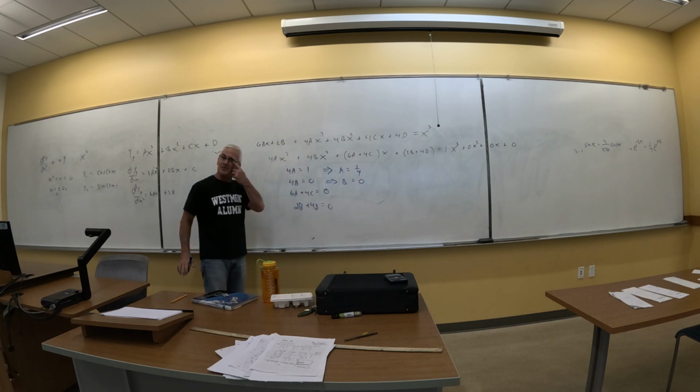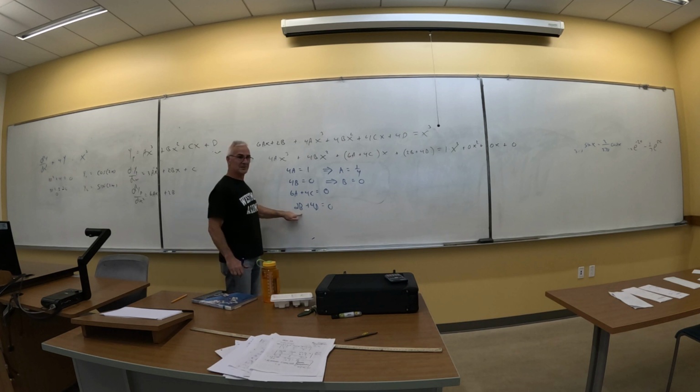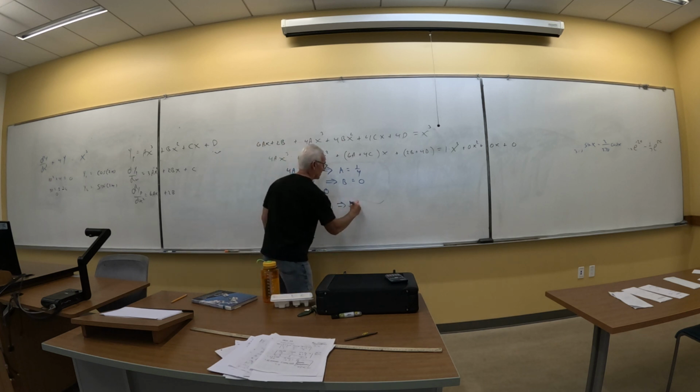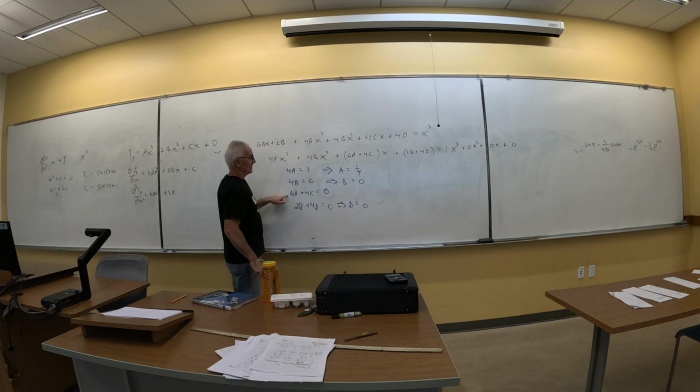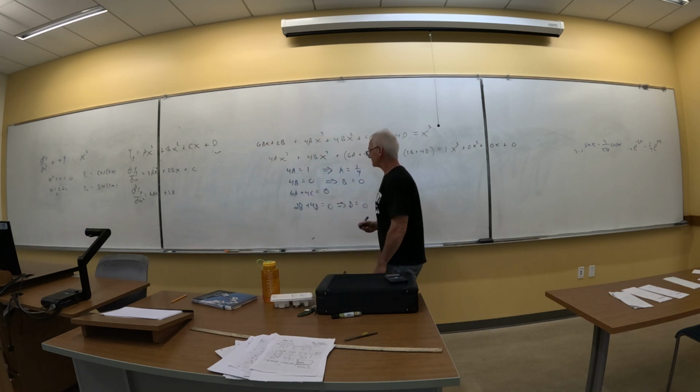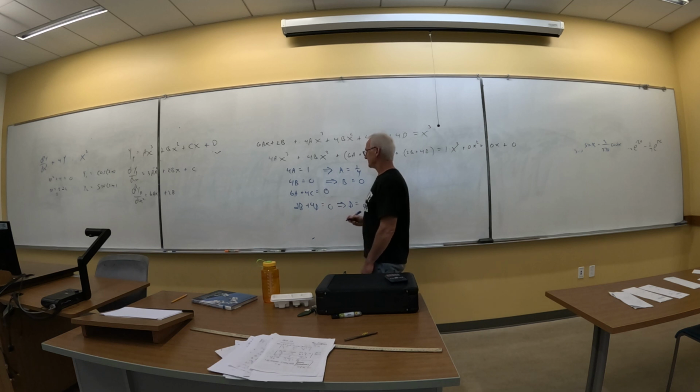Let's fast forward to line 4. B is 0. So D is 0. A is 1/4. So C is negative 6 over 16. So what is C? Negative 6 over 16, or negative 3/8.